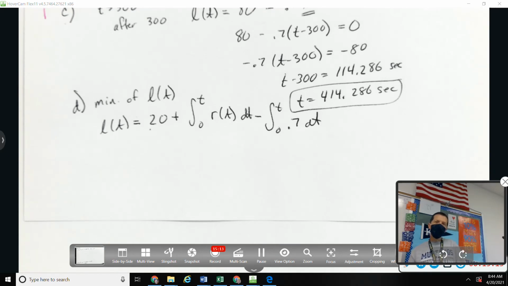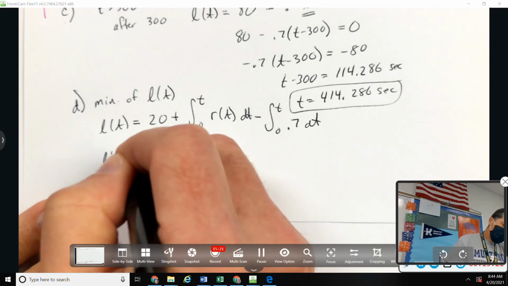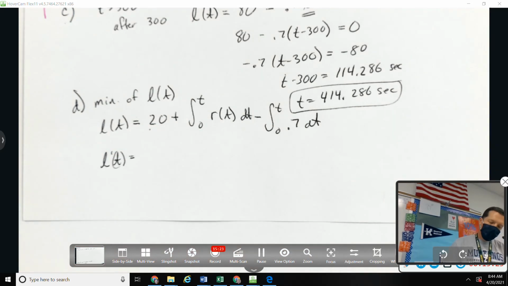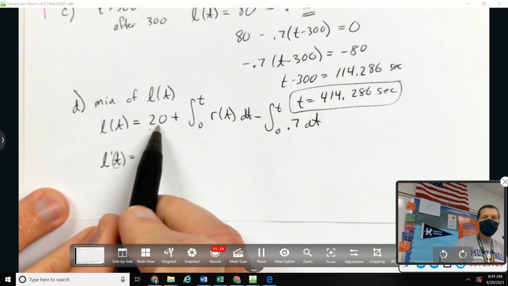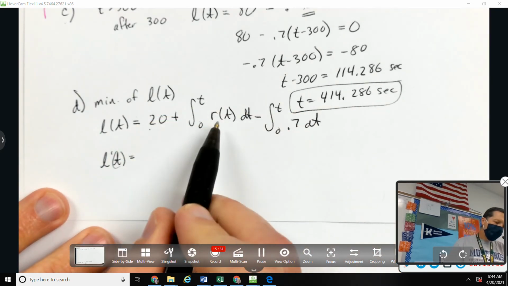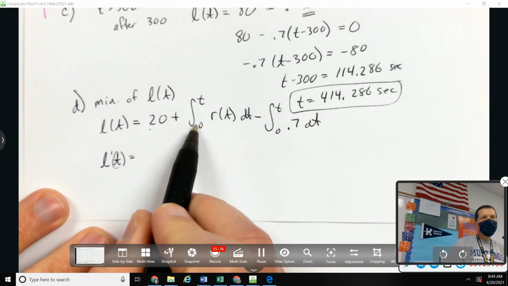So if we want to find a minimum, we need to take a derivative and set it equal to 0. So L prime is, the derivative of 20 goes away. The derivative of the integral would just be R of t.